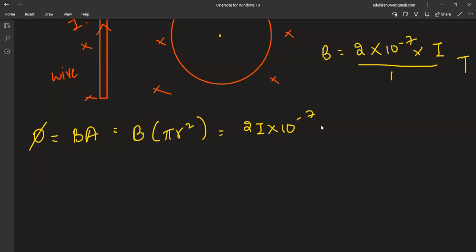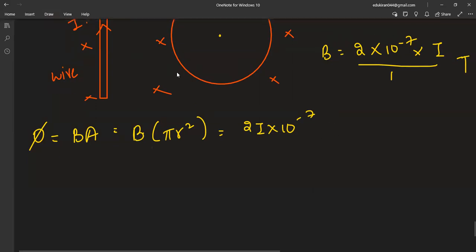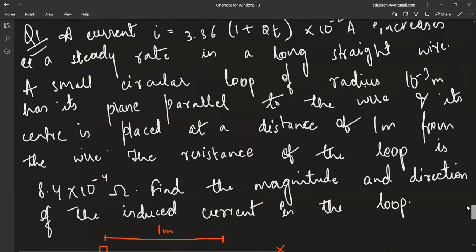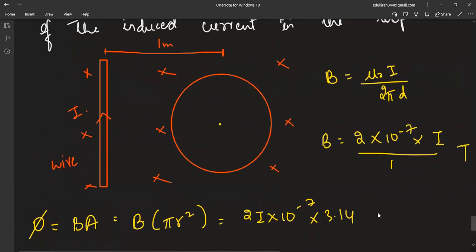So magnetic field into pi, 3.14, and 10 to the power minus 3 meters was the radius, so this becomes 10 to the power minus 6.